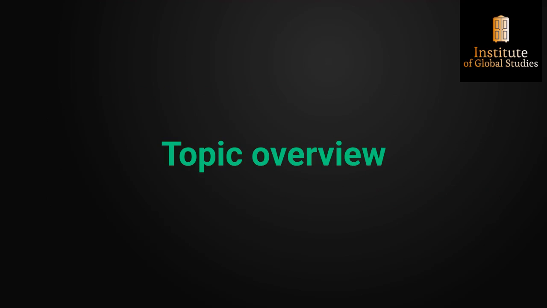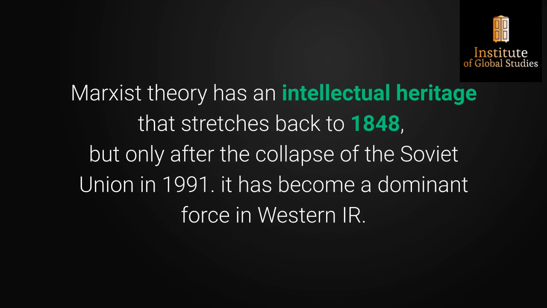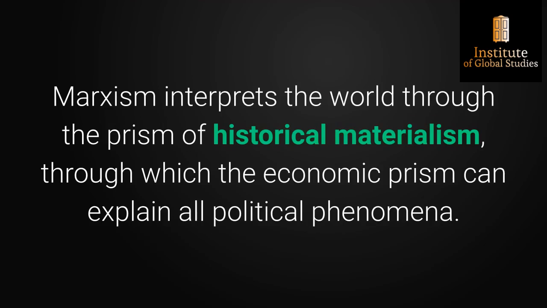Topic overview. Marxist theory has an intellectual heritage that stretches back to 1848, but only after the collapse of the Soviet Union in 1991 has it become a dominant force in Western IR. Marxism interprets the world through the prism of historical materialism, through which the economic prism can explain all political phenomena.